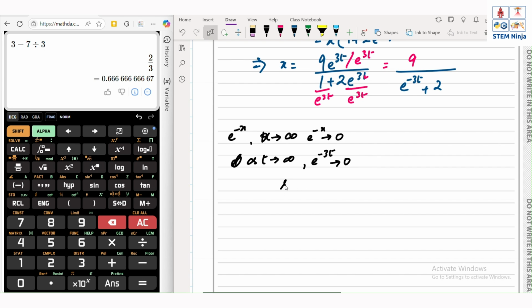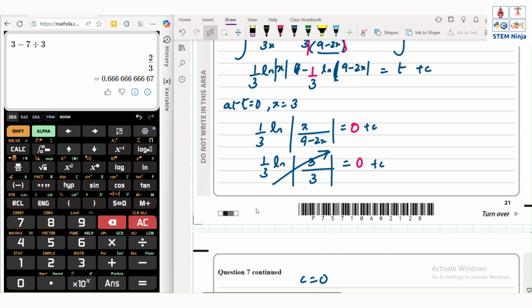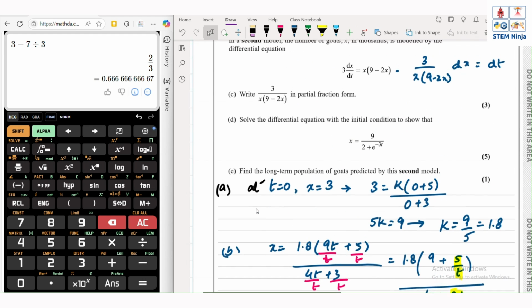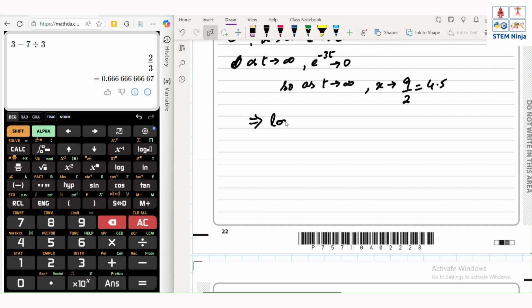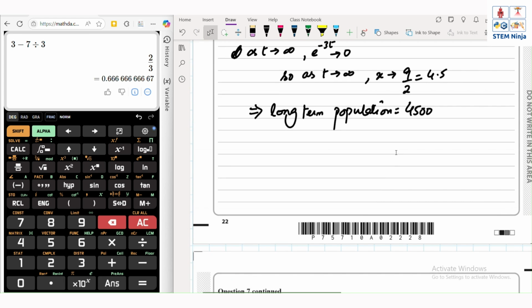So as t approaches infinity, x would approach 9 over 2, which is 4.5. That means the long-term population would be 4,500, because x is in thousands.